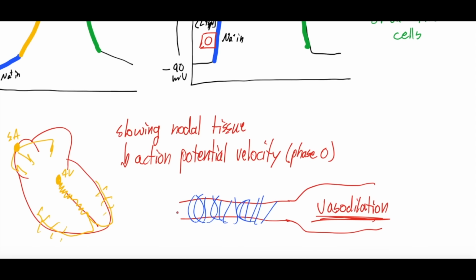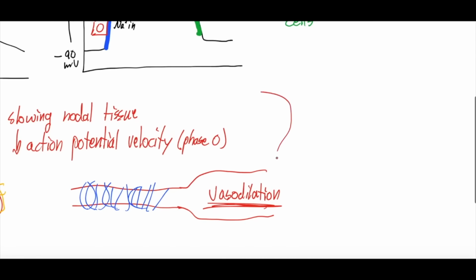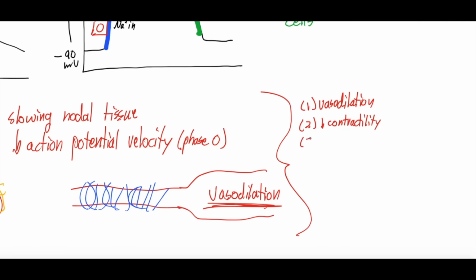All right, so things that we can summarize for their activity as a class in general is: 1, they can cause vasodilation through the relaxation of smooth muscles. 2, they can decrease contractility, right? 3, they can decrease heart rate through that nodal tissue.